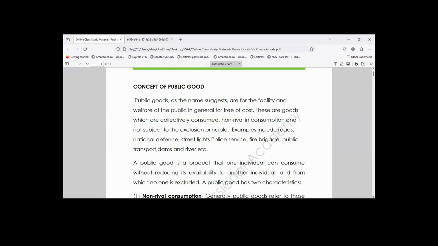Security or defense, police is protecting our life and property. They are rendering public good. We don't pay for the protection that police is doing for us. It's provided by government. They are what? Public goods.